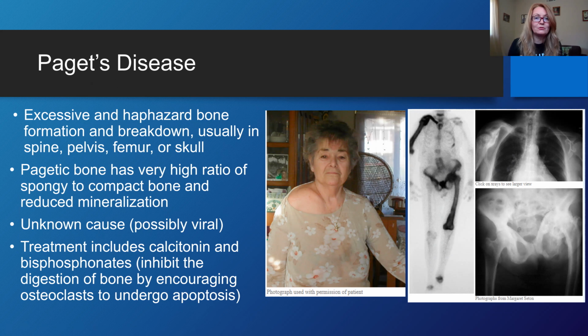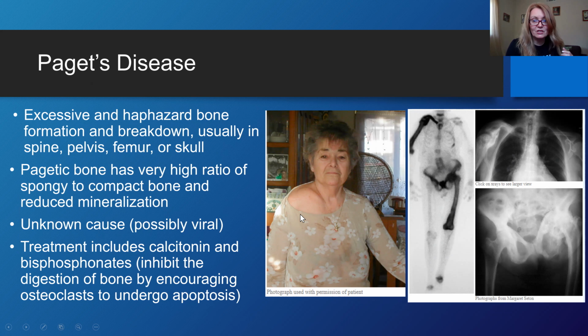You reduce the amount of compact bone, right? So it says Pagetic bone has a very high ratio of spongy to compact bone and reduced mineralization. So you grow more bone, but this bone is actually easy to be damaged, to be broken. And especially the bones that are affected are the spine, pelvis, femur, and skull.